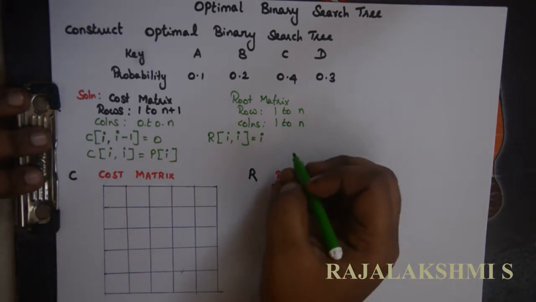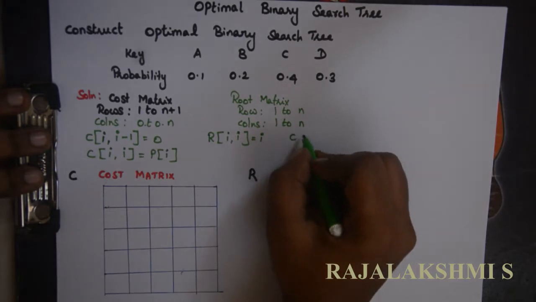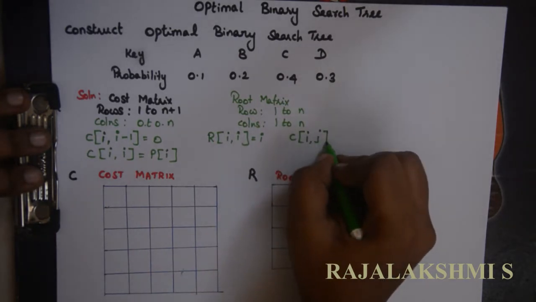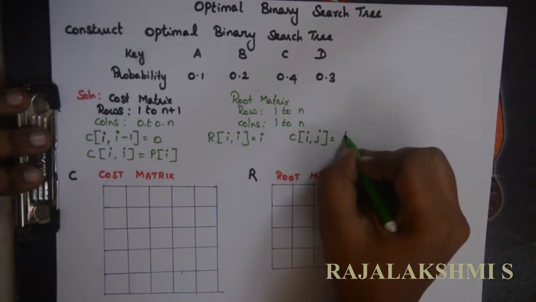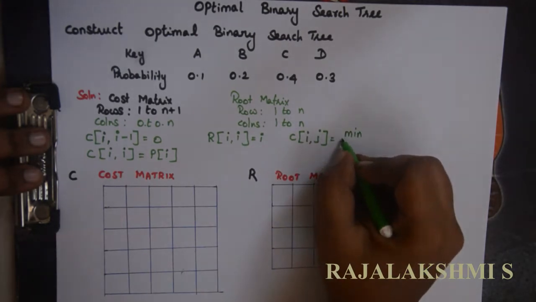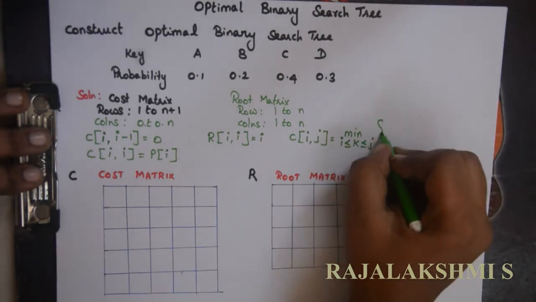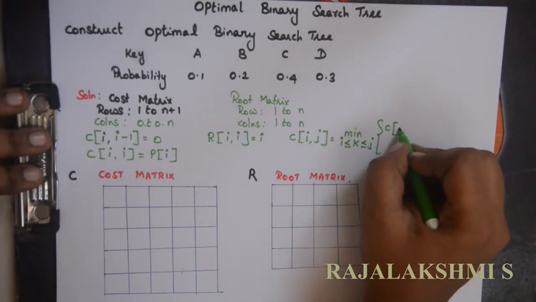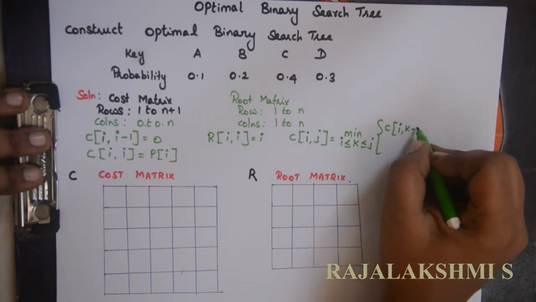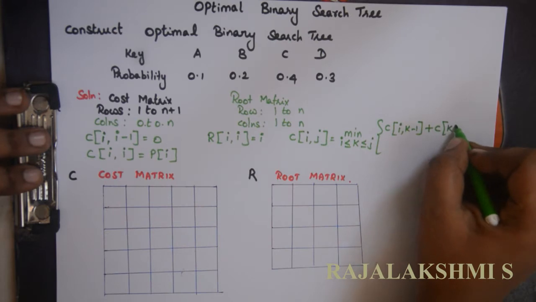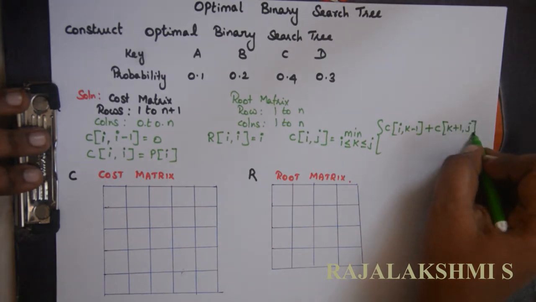Now, C of i comma j is equal to the minimum over i less than or equal to k less than or equal to j of C of i comma k minus 1 plus C of k plus 1 comma j.